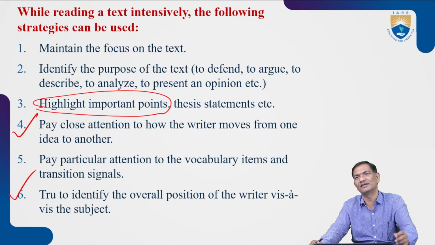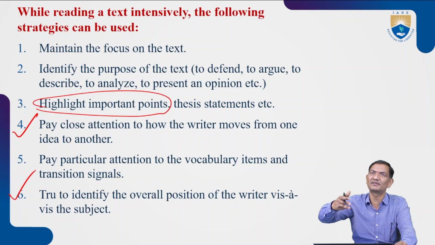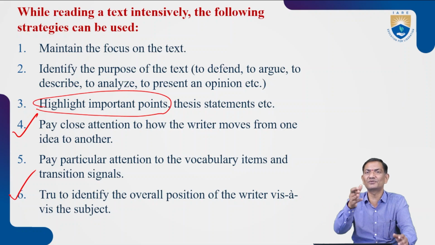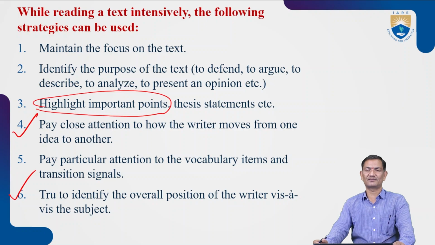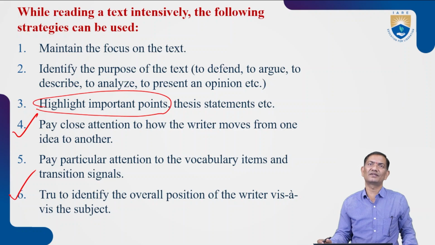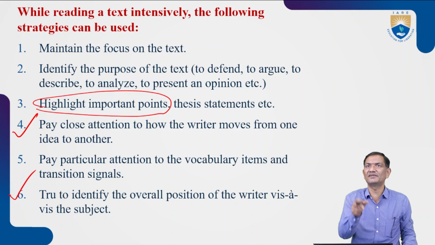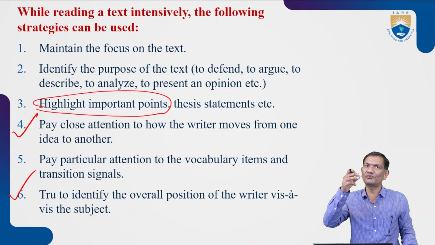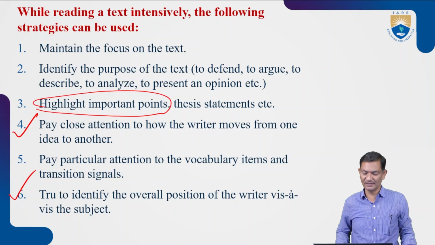What is his intention? The writer's intention, what does he want to say? So this is very important while reading a text. When you are reading intentionally, you have to follow these strategies.